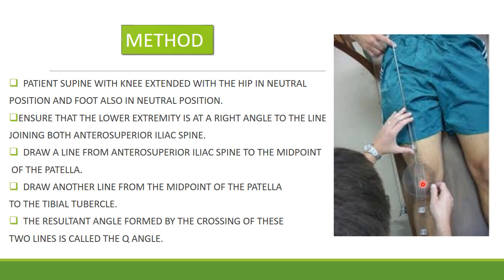Here the lines intersect with each other and form an angle. The resultant angle formed by the intersection of these two lines is called the Q angle.